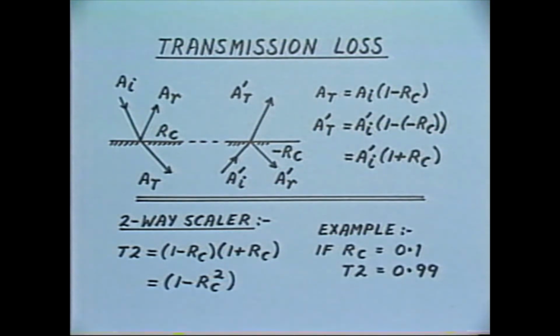So that says that although the amplitude of the reflected ray is 10% of that of the incident ray, there is only a 1% amplitude loss of the ray due to transmission in two directions through that interface. So in fact, the amount of energy lost due to transmission is not as great as might at first be imagined.